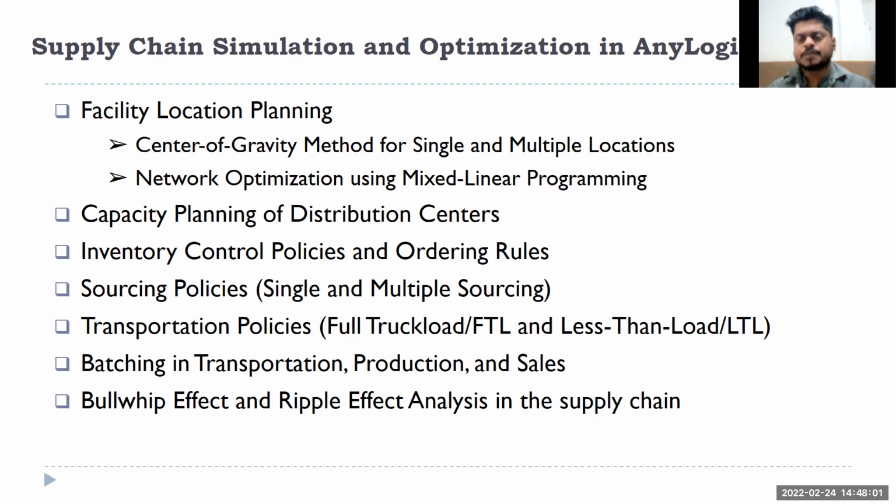Then there might be, in some cases, an idle period, right? Then again the production starts, right? So how to batch that production, the production cycle, and similarly when to send those to the warehouses or to the customers, right? Then when I talk about risk analysis, I was talking about the bullwhip effect and ripple effect.